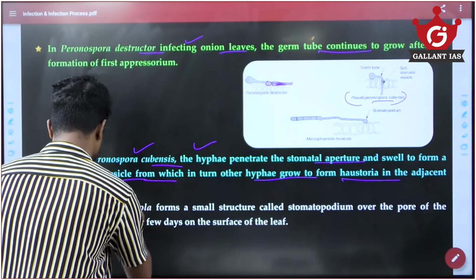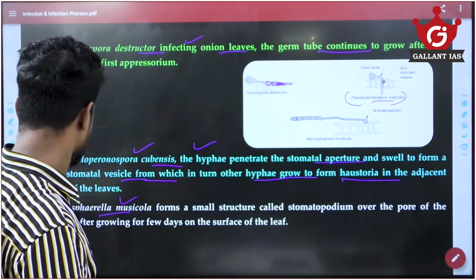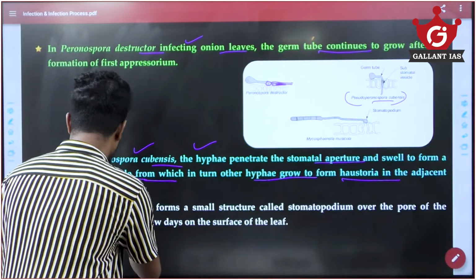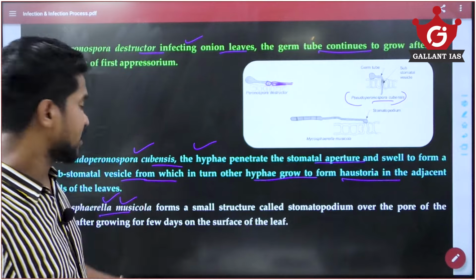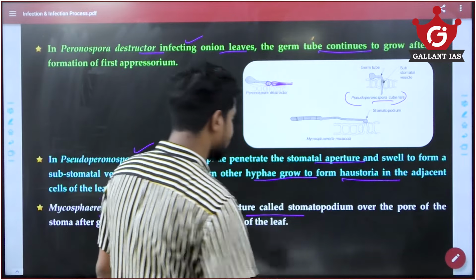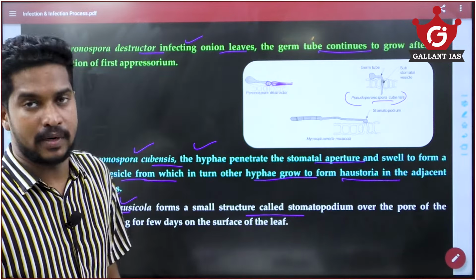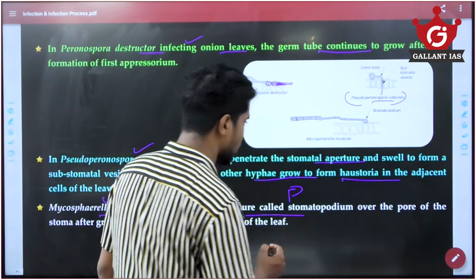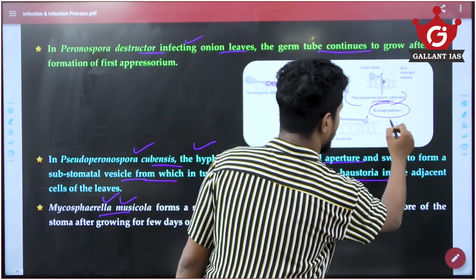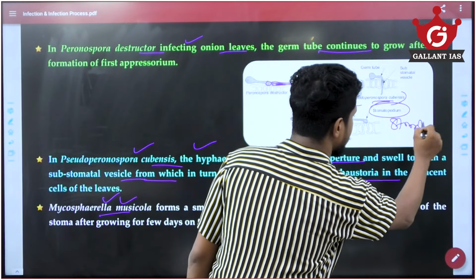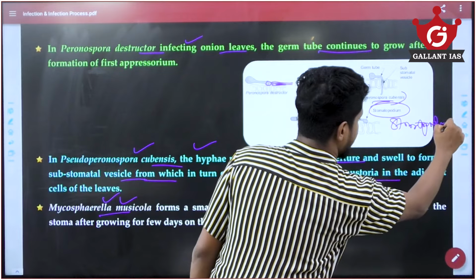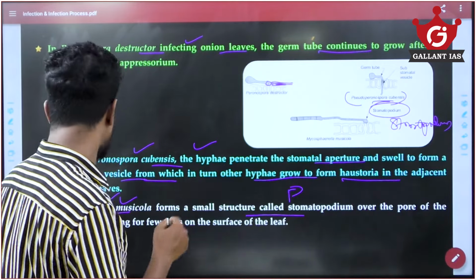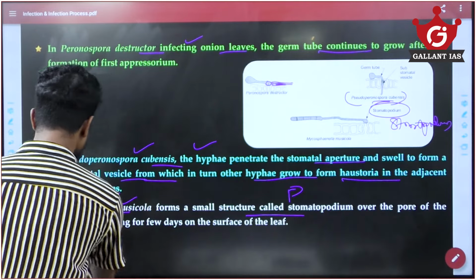And in Mycosphaerella musicola, it forms a small structure called a stomatopodium over the pore of the stoma, after growing for a few days on the surface of the leaf.